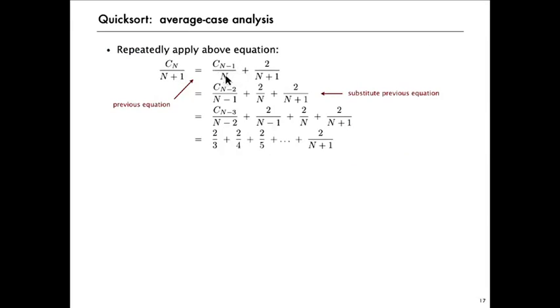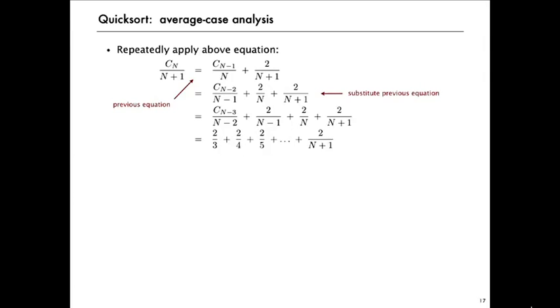The first term at the right is the same as the term on the left, so we can apply the same equation. So it was 2 over n plus 1. We apply for n minus 1. We get 1 less here, and we throw out a 2 over n. And continue that way, throwing out 2 over decreasing numbers all the way down till we get down to 2 elements, or C_1, which is 0.